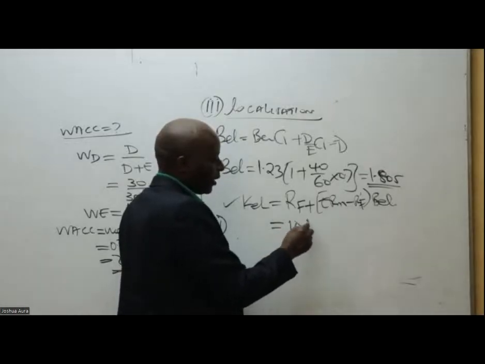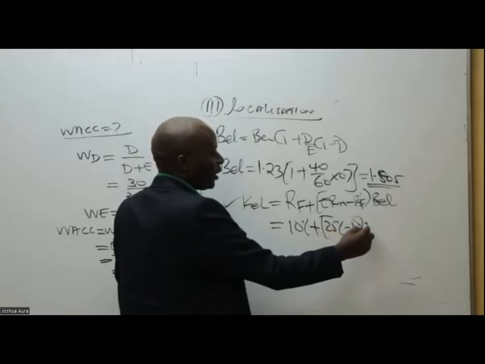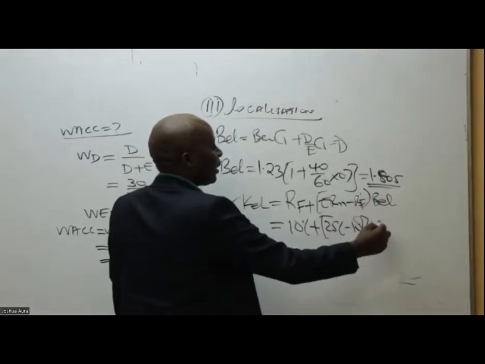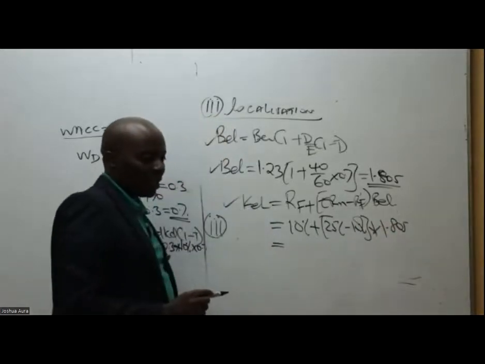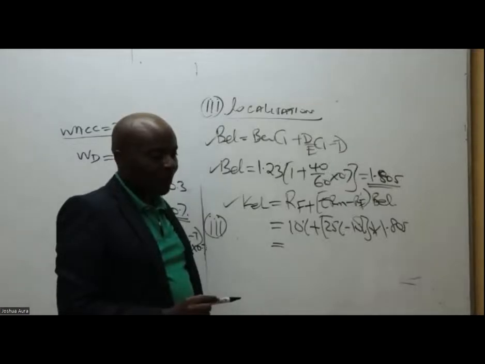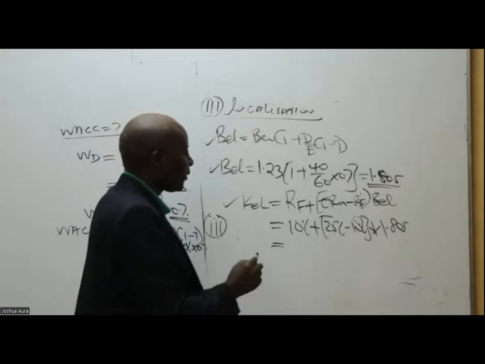Risk-free, 10. Market returns, if my memory serves me well, was 25, minus 10 multiplied by the beta that we have here, which is 1.805. So at the end of the day, what are we getting as our cost of equity? 37%.